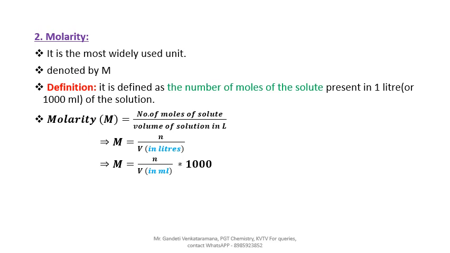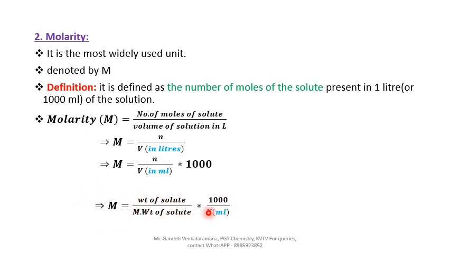If you take volume in milliliters, then multiply with 1000. This is very important, the final one: molarity equals weight of the solute by molecular weight of the solute into 1000 by V.